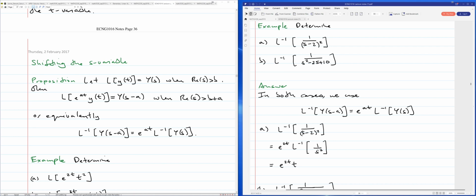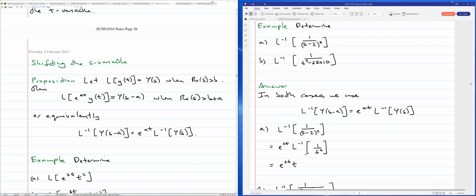So Laplace inverse of the shifted is equal to exponential times the unshifted. I multiply by the exponential e to the 2t, where the 2 comes from the s minus 2.